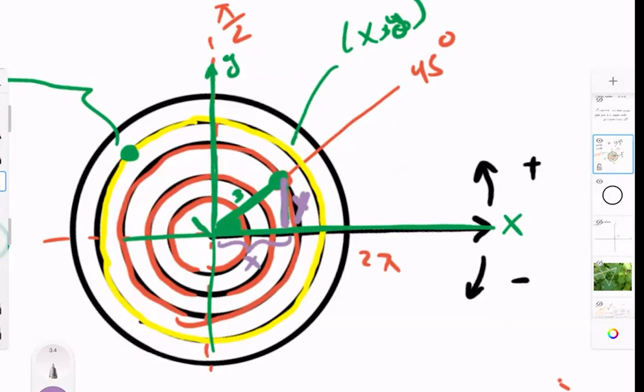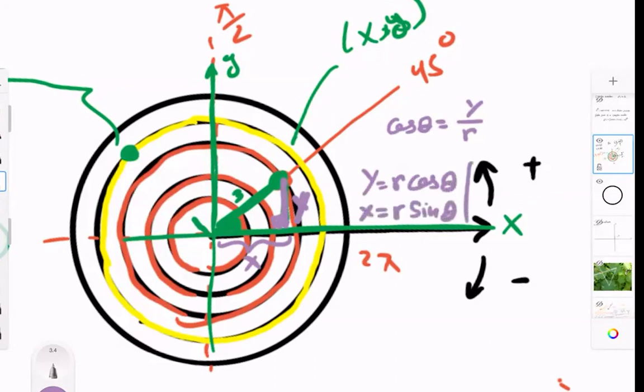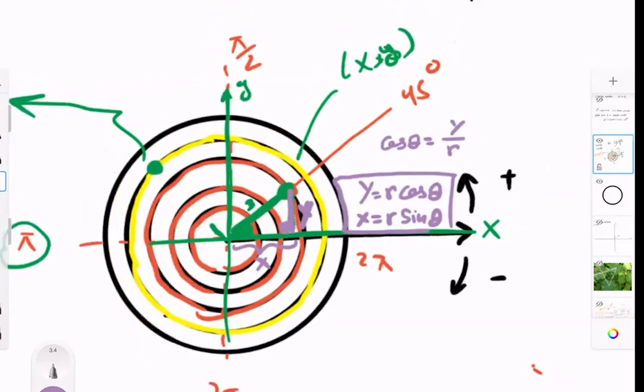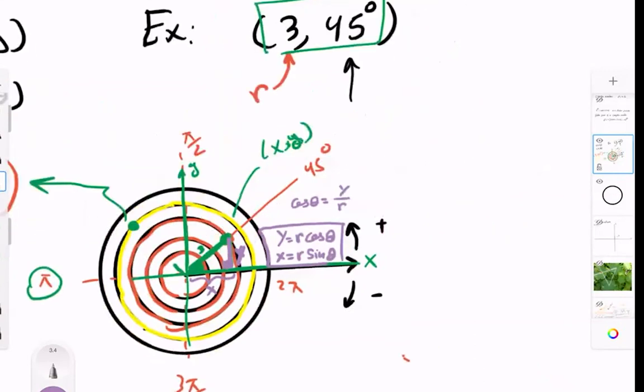We have a right triangle. If I say cosine of theta, it will be y over r. Then y will be r cosine theta, and x will be r sine theta. So this is a formula to convert polar coordinate to rectangular.